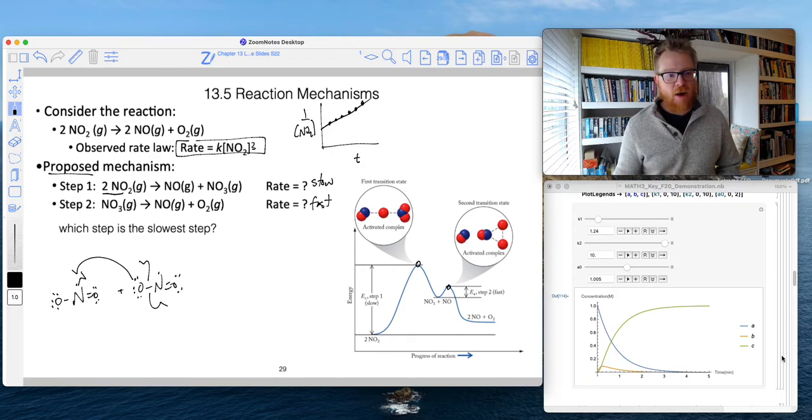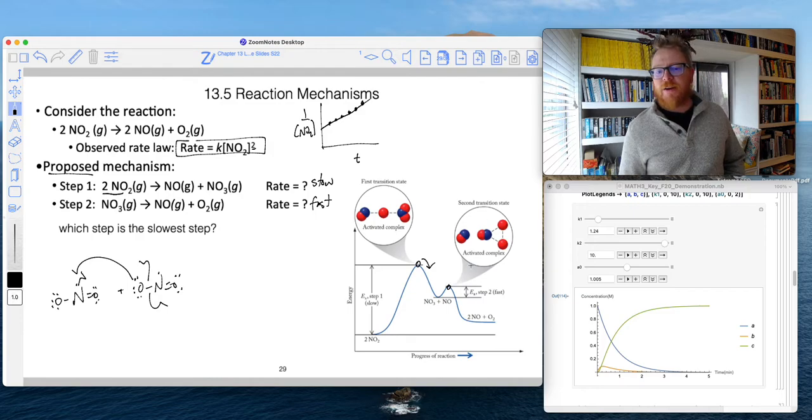Same thing as saying like our intermediate, our short-lived intermediate. So here you can see that activated complex is kind of what I was drawing here, where the NO2s are sharing this oxygen atom, right? So that would be our first barrier. So that gets over the barrier and goes down to now NO3 and NO, which we can see right there.